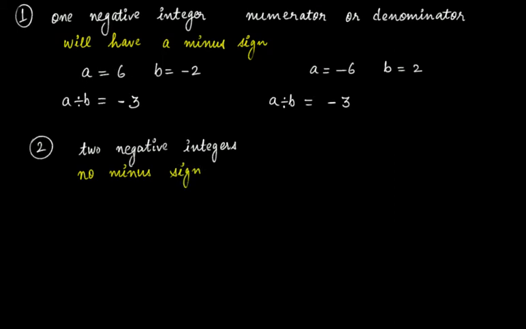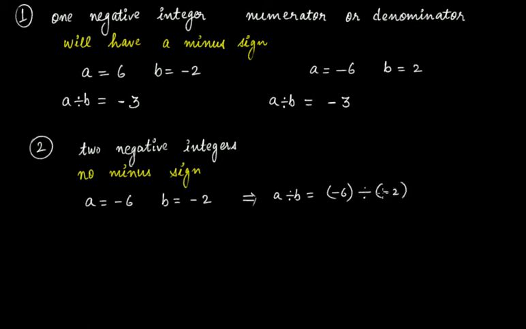So if you have A as minus 6 and B as minus 2, and you do A divided by B, then this will be minus 6 divided by minus 2.